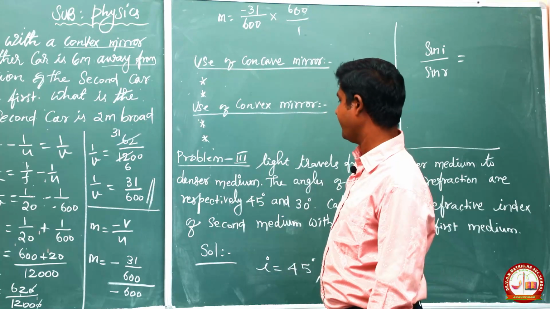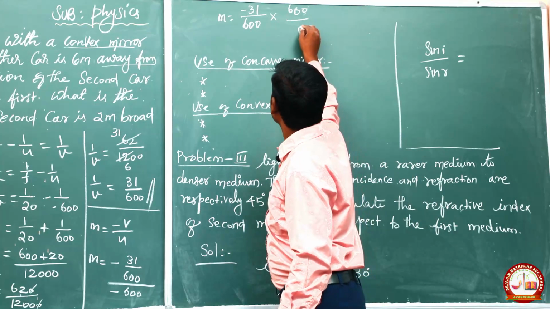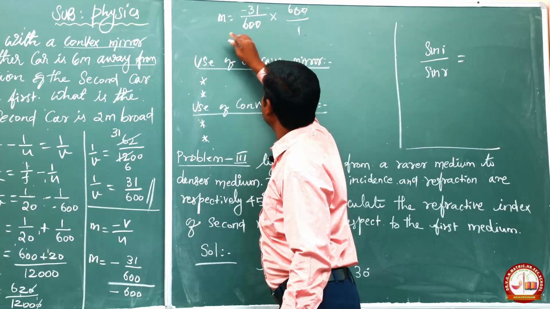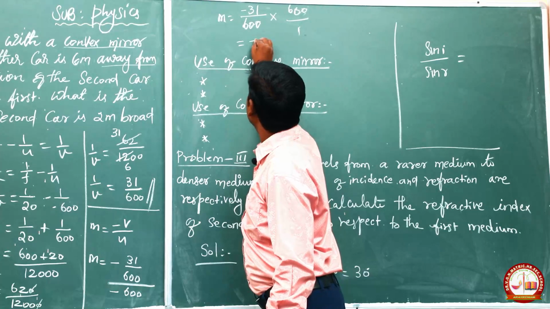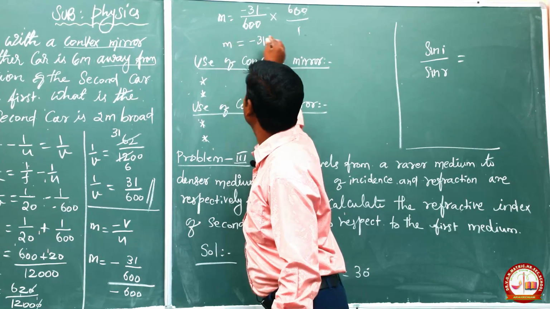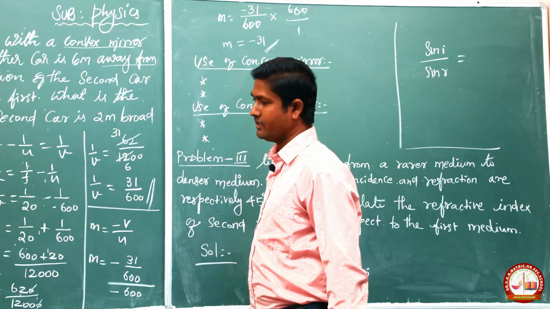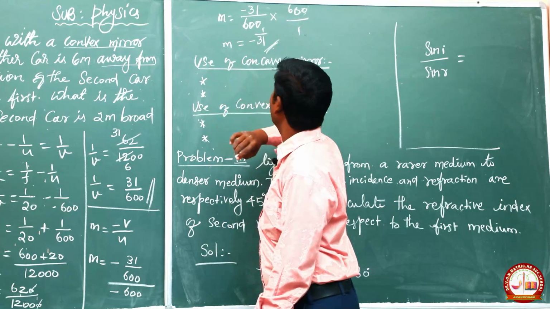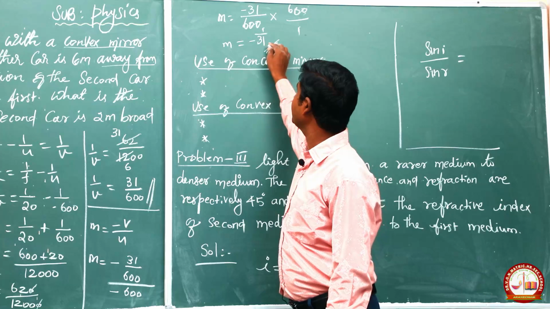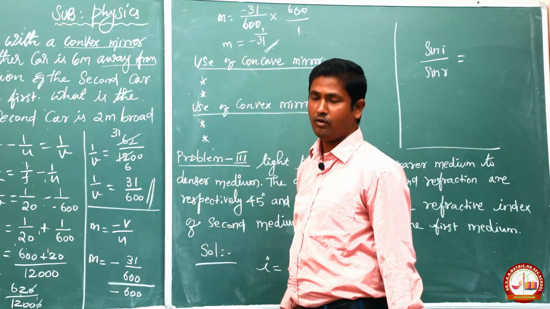All the values cancel, remaining is 31 divided by 1. So the answer is 1 by 31. The unit is no unit.